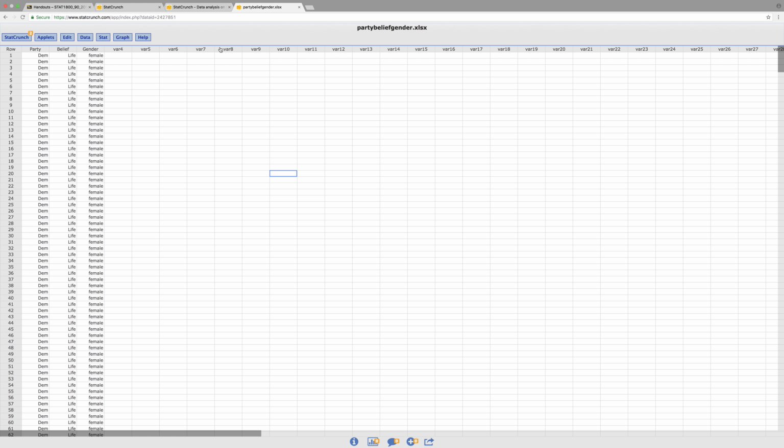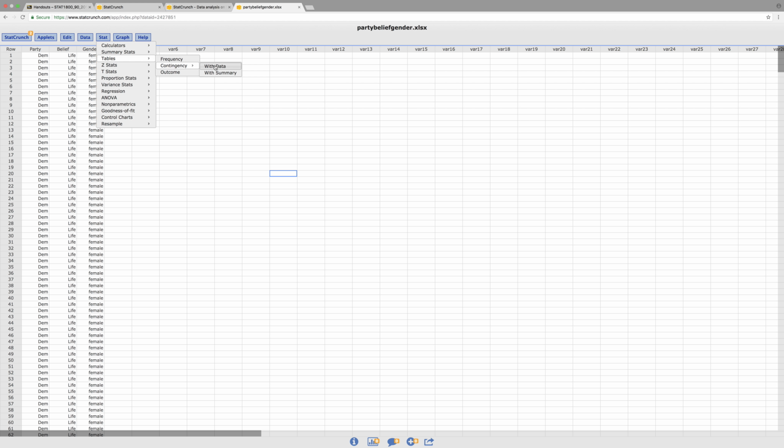But guys, the most interesting part of this actually comes when we go to stat, we go to tables, and we look at the contingency. So guys, this is going to be one of the few cases where you're going to have contingency with data. Now, when we do contingency tables, we're looking at the relationship between two variables. Again, I have three variables here, so if I want to analyze these three categorical variables, I have to use something called log linear analysis.